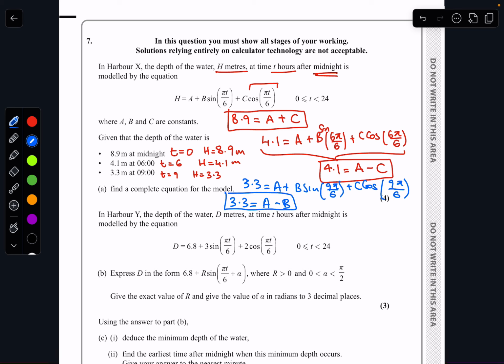You can use your calculator to find the values, or we can simply do it manually here. What we can do is combine these 2 equations.